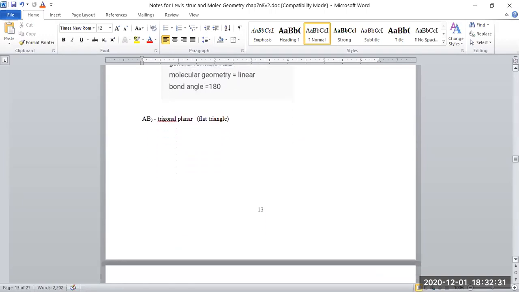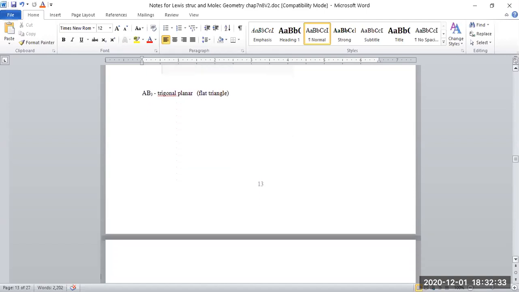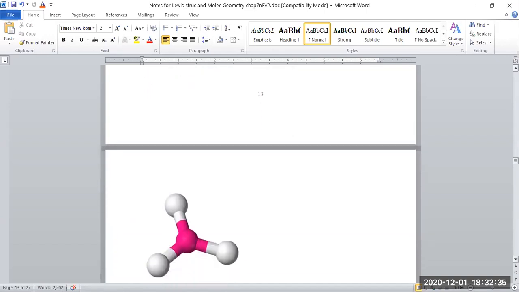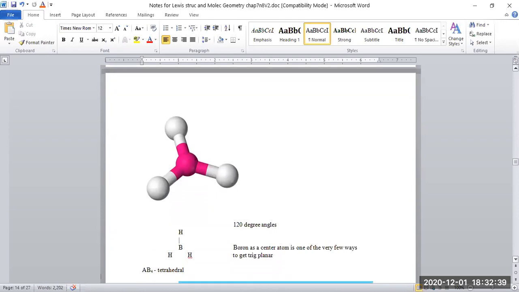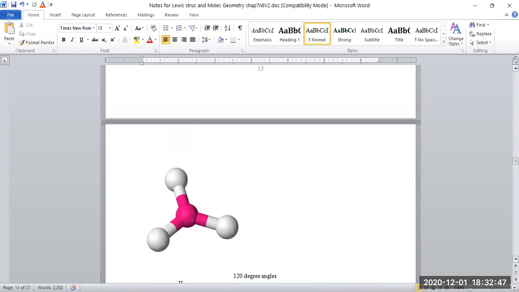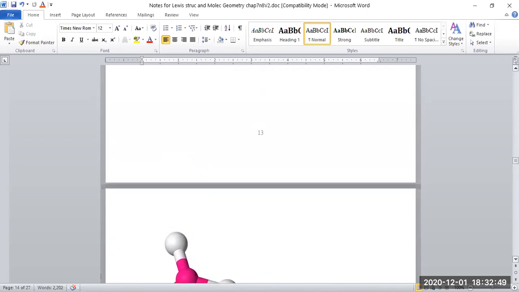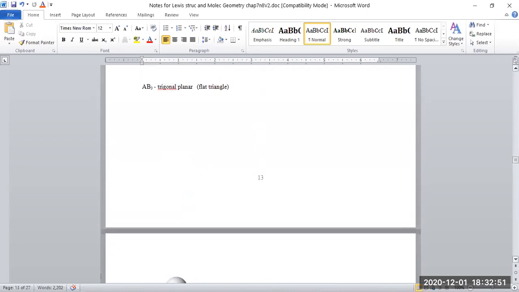This goes back to the trigonal planar thing. Boron. Boron is probably one of the favorites for doing trigonal planar. Actually, I can't quite fit all of this on the screen at the same time. So the formula is called AB3. A is in the middle, 3 legs.